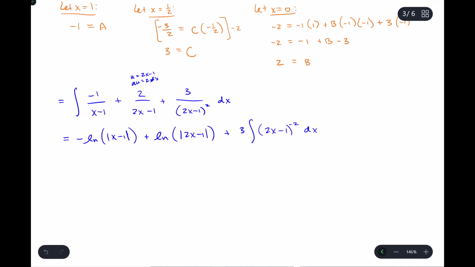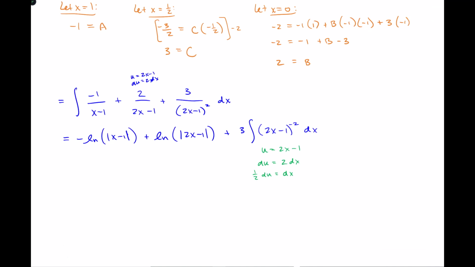And the reason for that is, of course, because the power rule could be used here, but not until we've used some u substitution. So du would be 2 dx. So I also need a factor of 2, or I could just divide everything through by a half instead. And I think that's what I'll do.